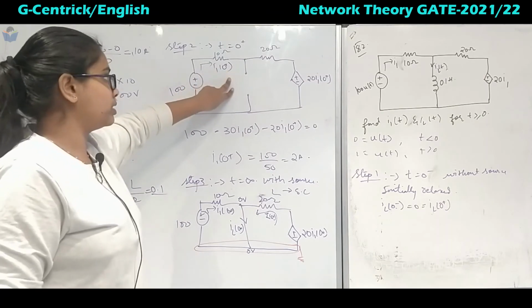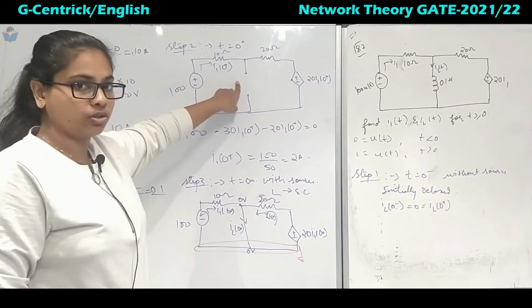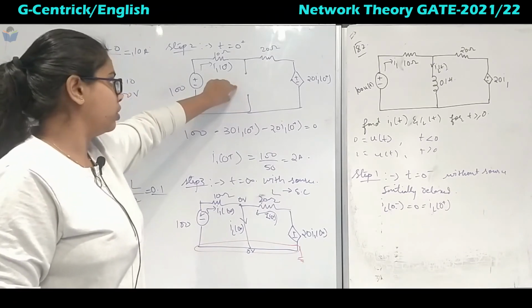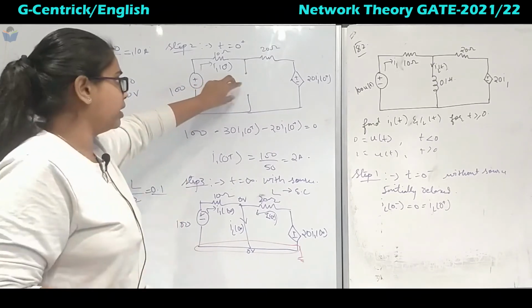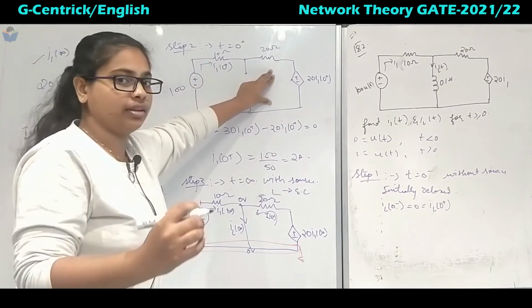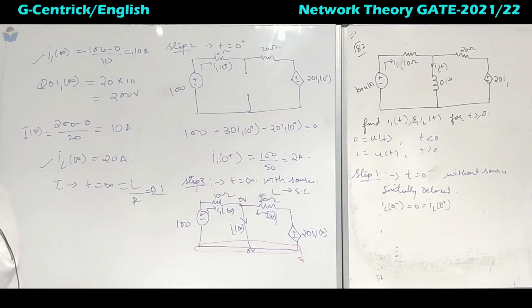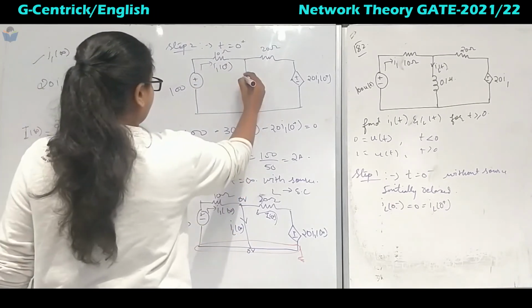There are two methods to calculate the R equivalent. Either we can put a voltage source and take the V by I ratio, or we can short circuit this one and use Thevenin's method for calculating R equivalent. Here we will take our first method.